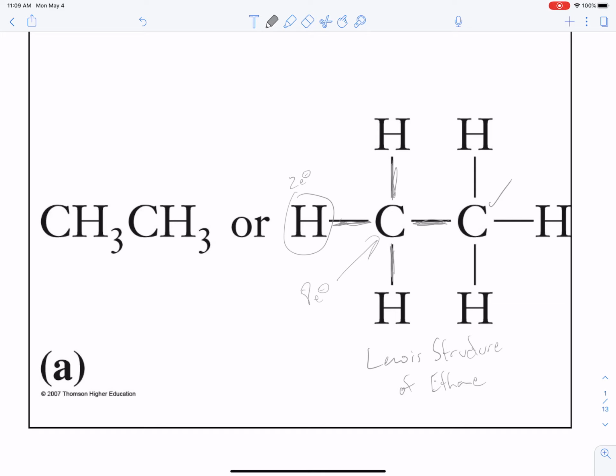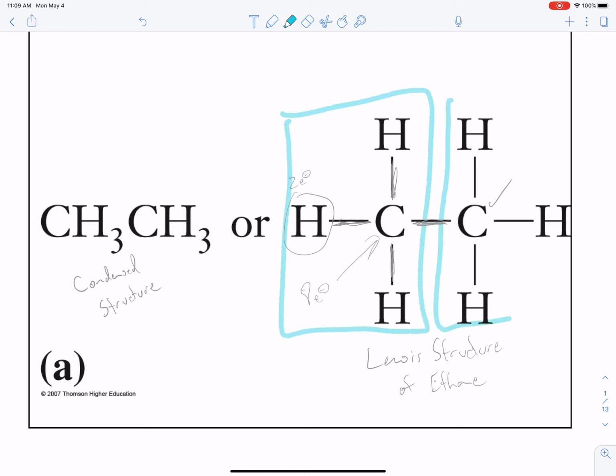So if this is the Lewis structure of ethane, it gets pretty complex to try to write this. It takes a long time to draw out this Lewis structure. So sometimes organic chemists, and maybe even you, decide that what's easier is to write something called a condensed structure. That condensed structure is what's shown at left. So it takes that Lewis structure and kind of condenses it into something else. So the way this is done is you kind of bag it by carbons.